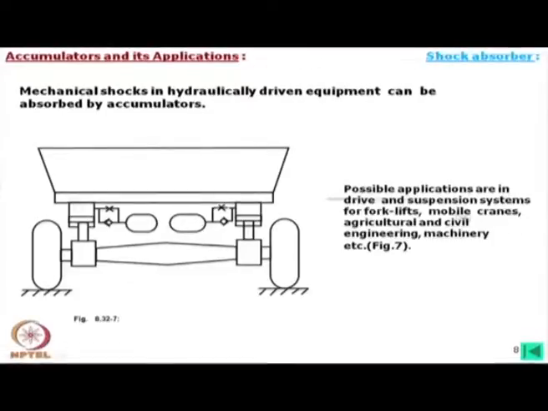So, here the typical applications are forklift trucks, mobile cranes, agriculture, civil engineering machinery, etc. But these are usually used for large systems, not for very small systems. However, you may find that a similar or very small accumulator can also be used for vibration isolation in small vehicles.